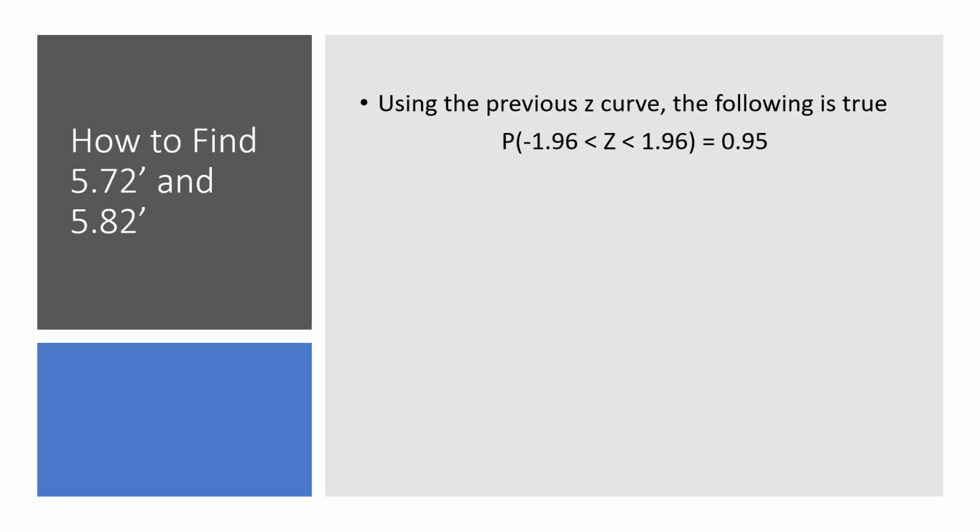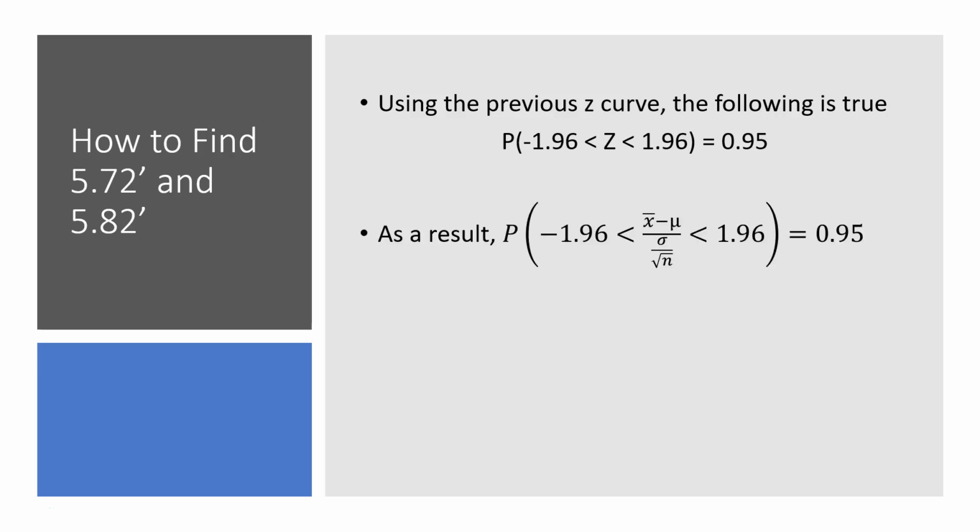So using the previous z-curve, the probability of negative 1.96 being less than our random variable z, which is less than positive 1.96, is 0.95.